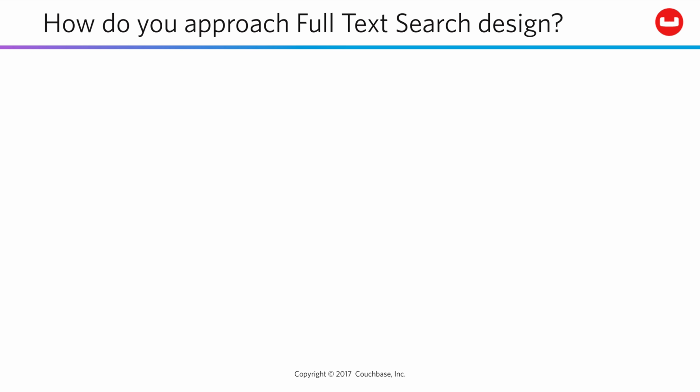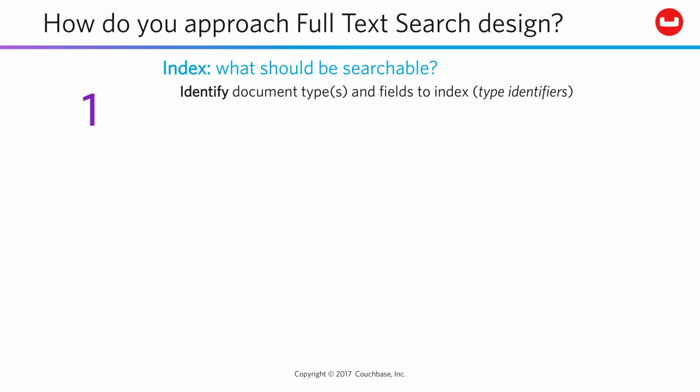Now, like a lot of things in the software industry, designing a good full-text search index is as much art as science sometimes. You gotta know your data. But you can break the process down a bit. First, figure out what precisely needs to be searchable in your documents. Now, you can index everything. That's not very efficient. You want to identify whether it is all your documents and all fields in your documents, or perhaps only those of one or more specific document types, and then you restrict your index using your type identifier.